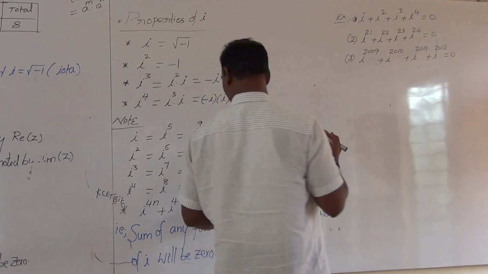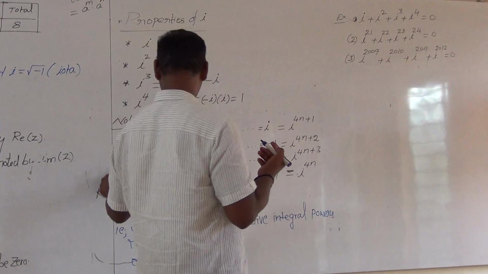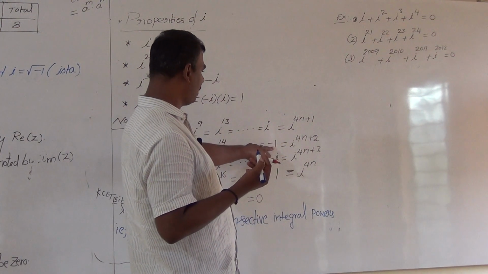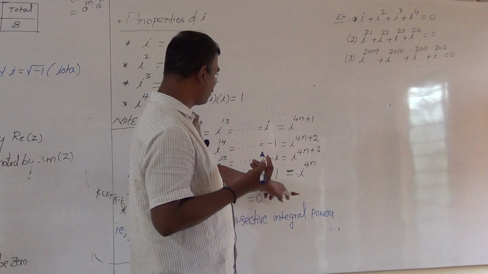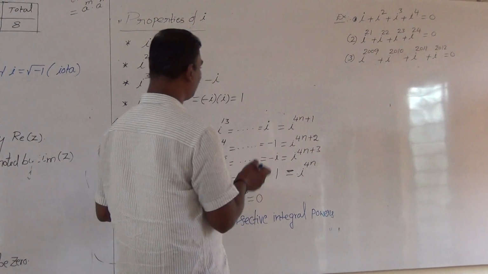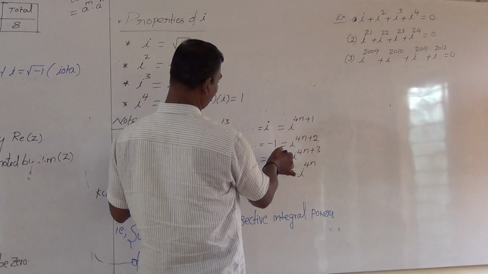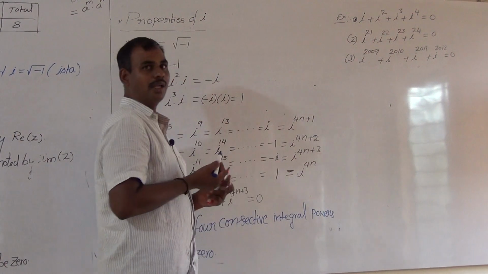Next, if I take the product of these four, that is iota, minus 1, minus iota, plus 1. What does the product mean? Multiplication. Minus into minus, plus iota into 1, iota into iota, iota square.